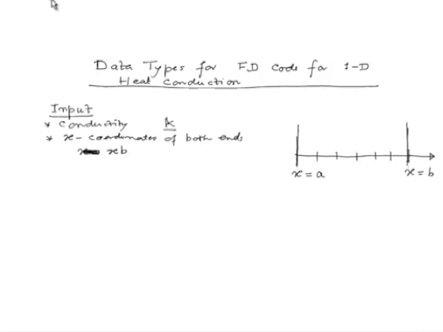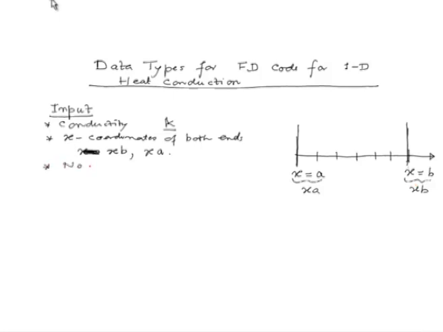For the right end and xa for the left end. So this we will call xa, this end we would use the symbol xb.